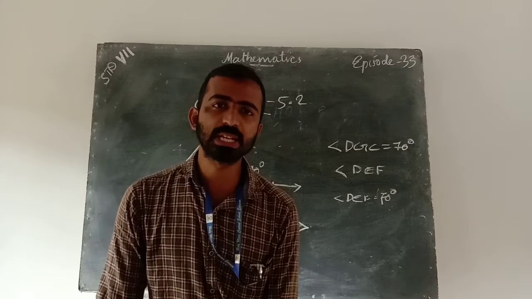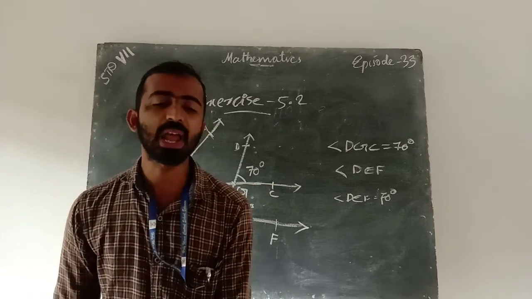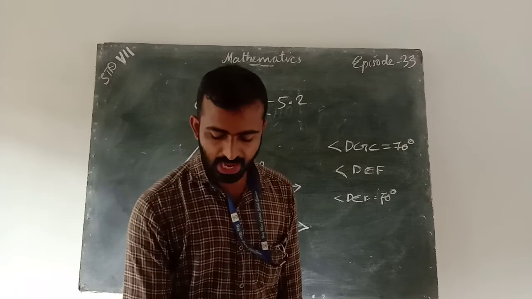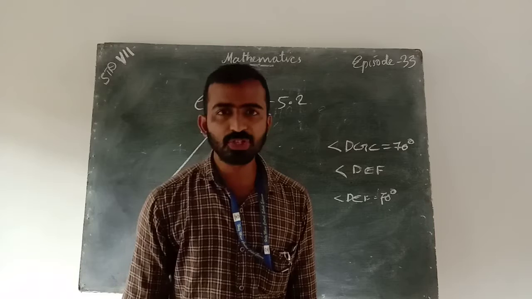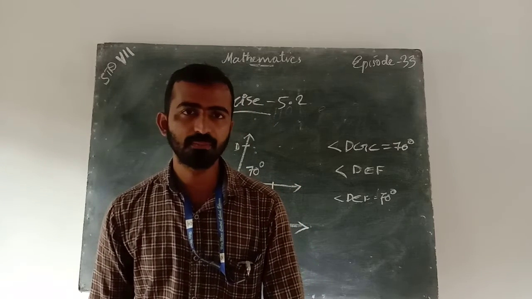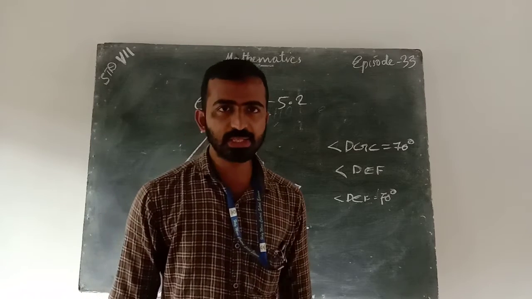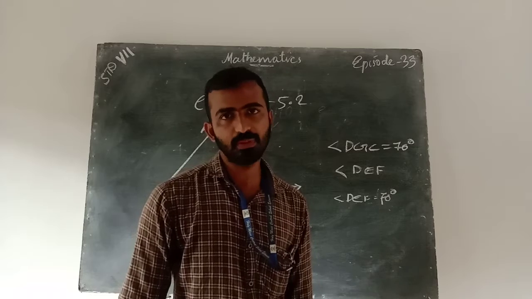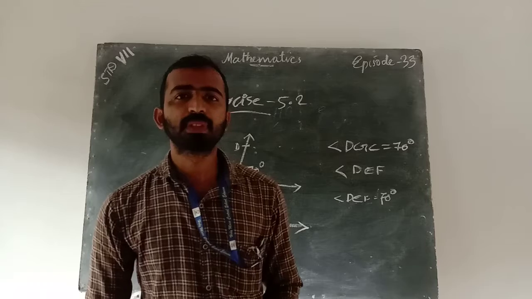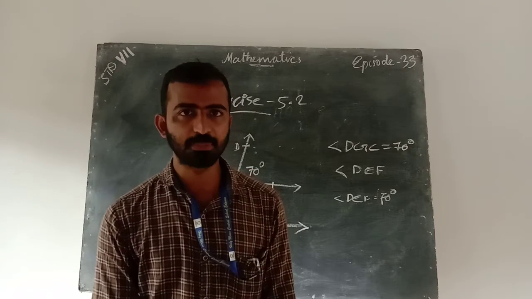Next we discussed parallel lines, and also the linear pair, which we already discussed. And next we discussed adjacent angles. These are what we discussed in this chapter.